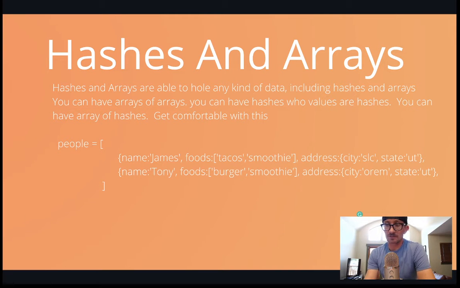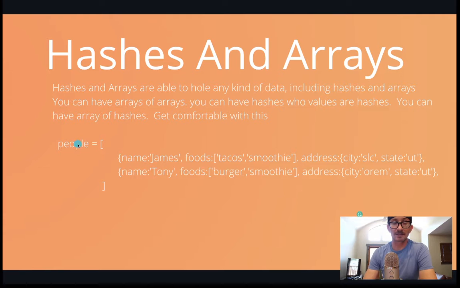So our first lecture in this series was data types. And I told you it's very important to have these in mind. And hopefully it's kind of starting to sink in. If you're not getting comfortable with the data types, then this nesting of data, working with hashes and arrays, is going to be even more challenging.